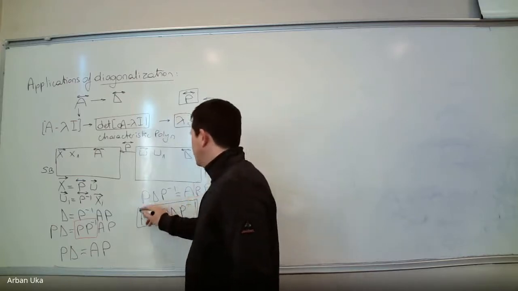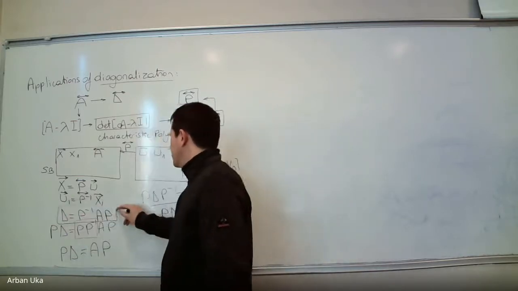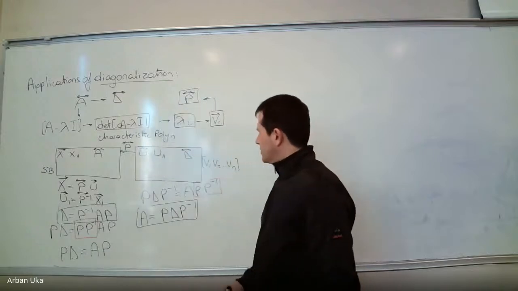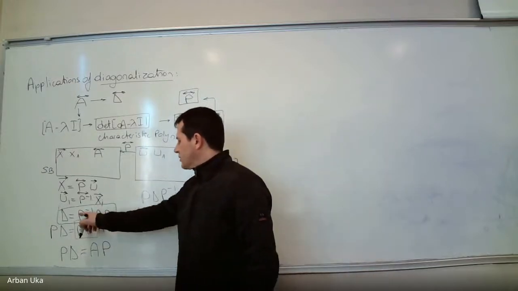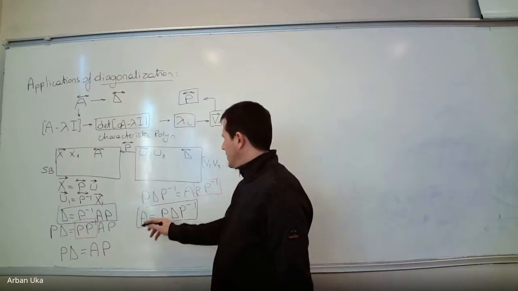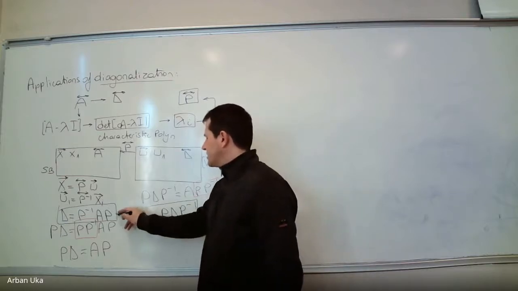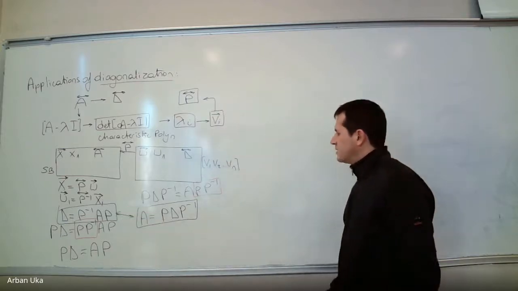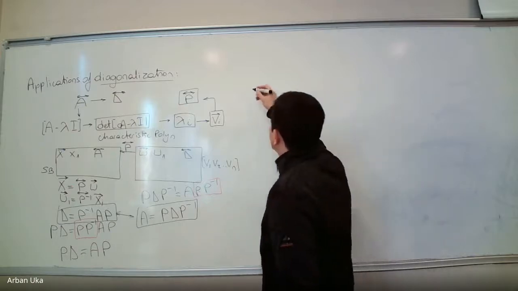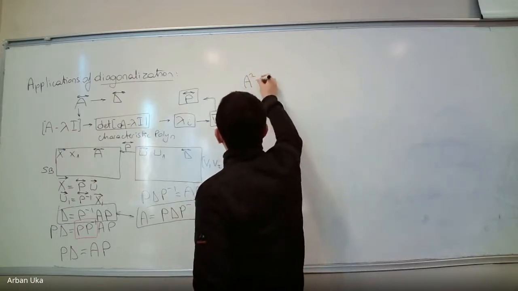Okay, so two essential equations here, they are right here. So A is diagonalized in this way, and also A, as a result, is related to D in such a relationship. Now, let's imagine for a moment, what is A squared?